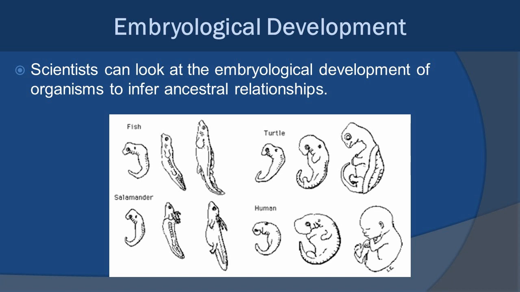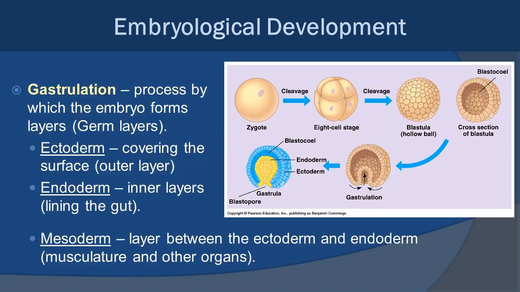But we're actually going to go even farther back and look very specifically at the cellular development at a very early stage. So once there's fertilization, you have a little zygote, a little ball of cells. There is a process called gastrulation that starts to occur. And that's where the embryo starts to form germ layers or tissue layers.